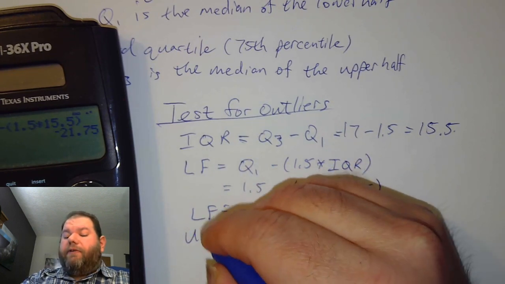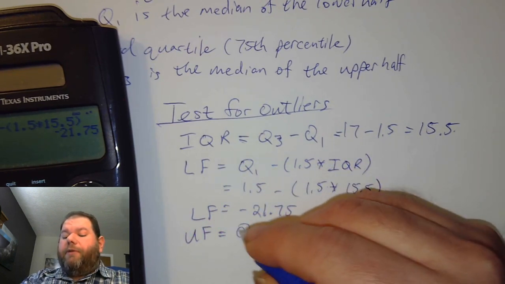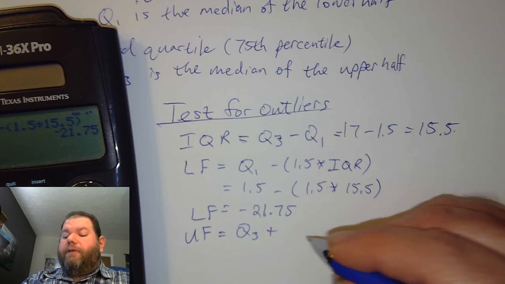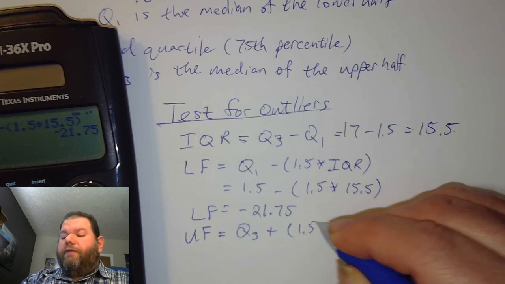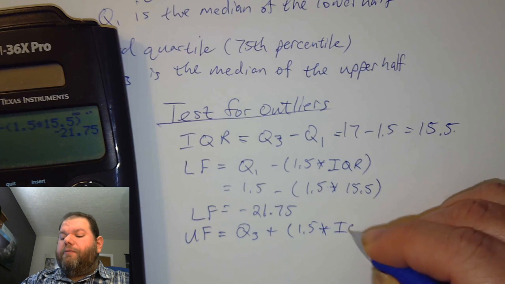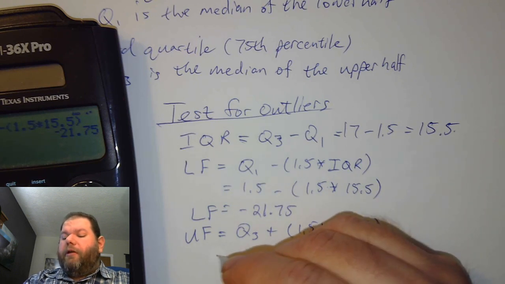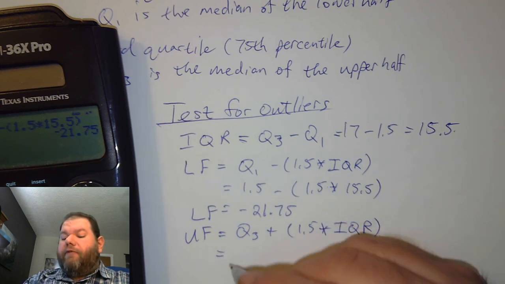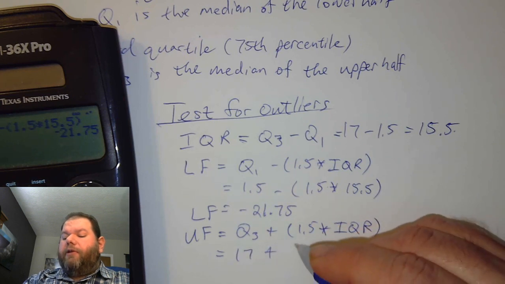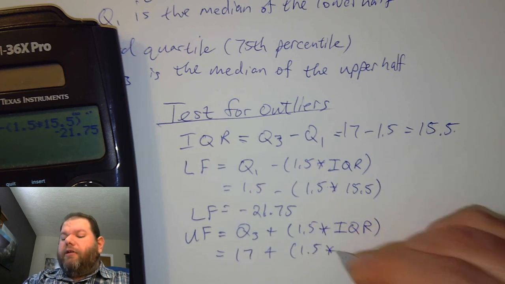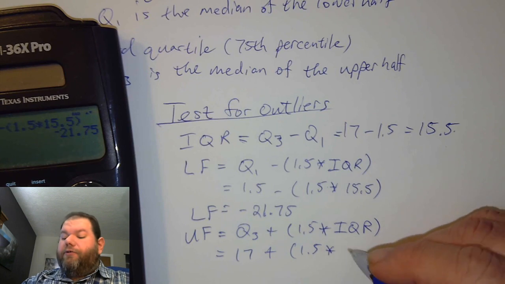The upper fence would be Q3 plus 1.5 times the interquartile range. So plugging in, Q3 is 17 plus 1.5, and then 15.5 is the interquartile range.